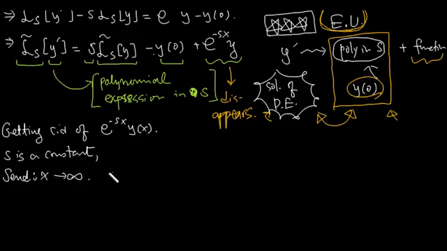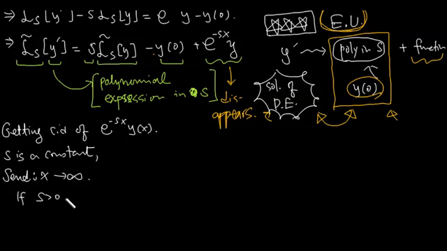If S is positive, you notice that e to the negative sx as x approaches infinity is a huge decaying factor. If y of x is not a fast growing function, normally like sine x and a polynomial and those functions, this will definitely kill this one to 0.